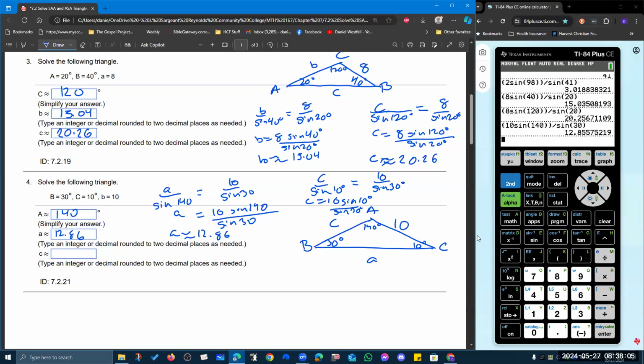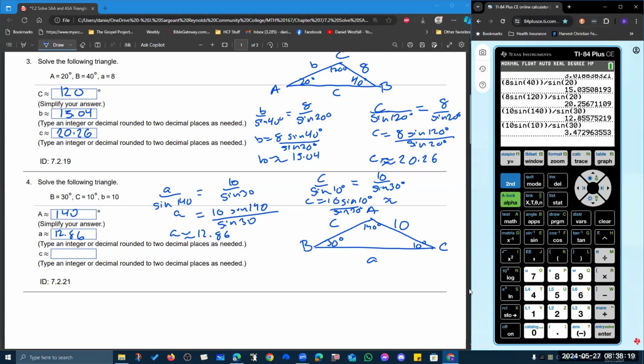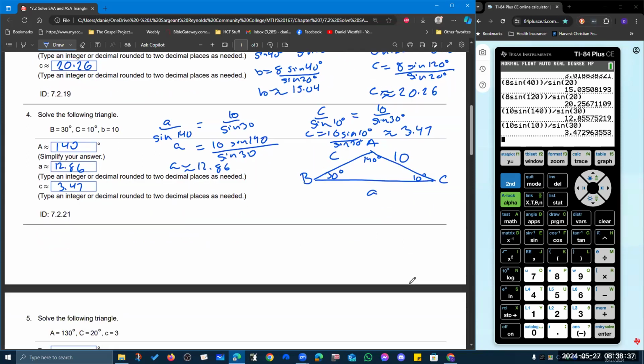It's about 10 sine of 10 divided by sine of 30, which is 3.47. You'll notice the relationship here, if you haven't seen it yet, that the smallest side is across from the smallest angle, the biggest side is across from the biggest angle, and so on.